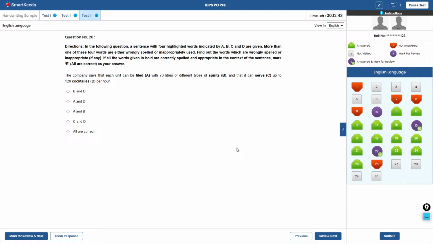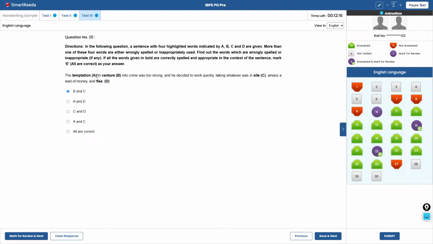The company says each unit can be filled with 70 liters of different types of spirits and that it can serve up to cocktail is incorrect. So filled and cocktail, A and D. So let me just check for that.